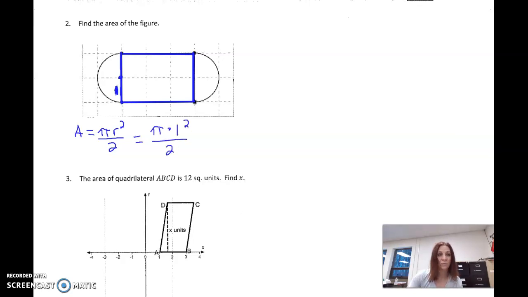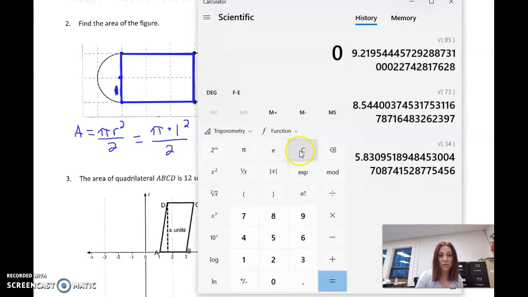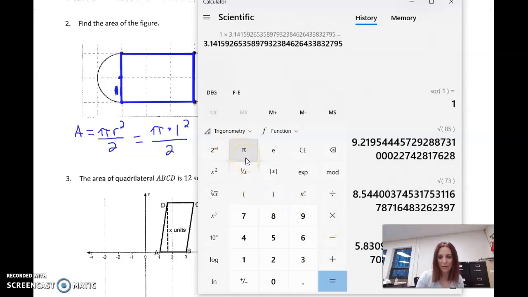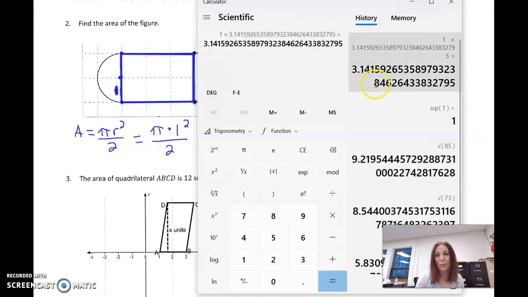All right, so just use a calculator for this, and as soon as we multiply by pi, remember, it's going to be an approximation. That's okay. So 1 squared, if I go 1 to the second power, that's 1 times 1. That's just 1, right? And then if I multiply it by pi, so I'm going to go times my pi key. Well, 1 times 3.1415926, it's going to say that number, right?